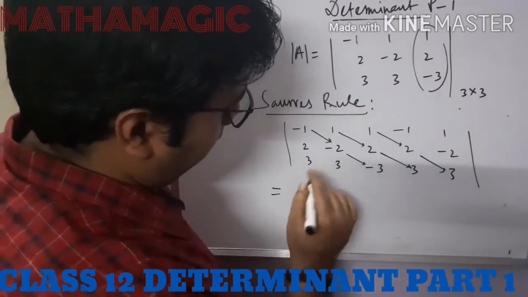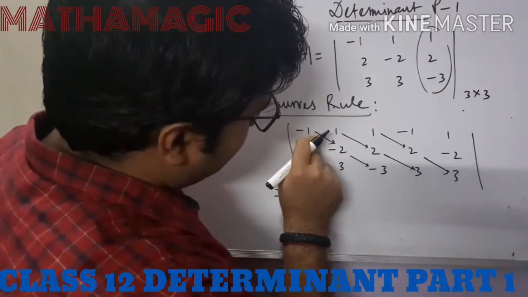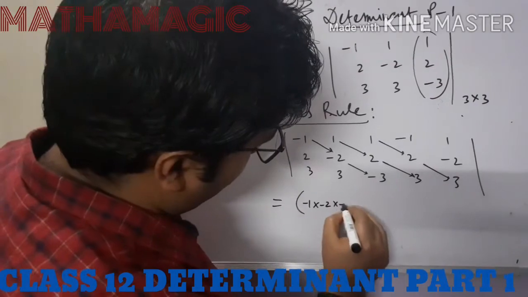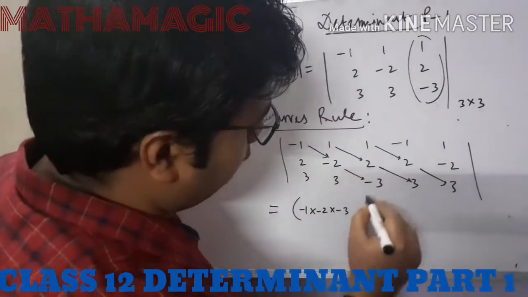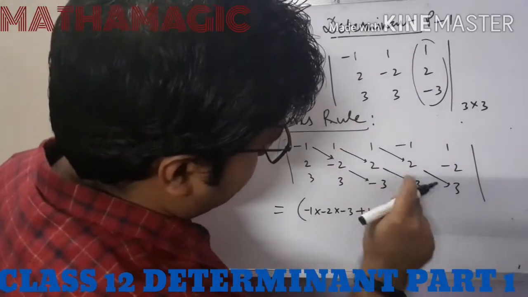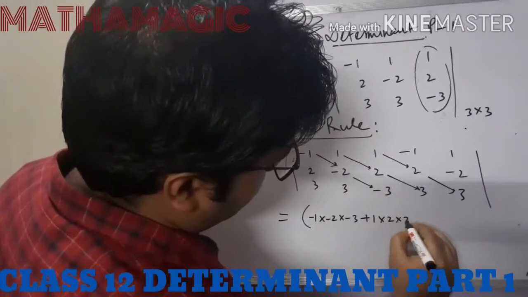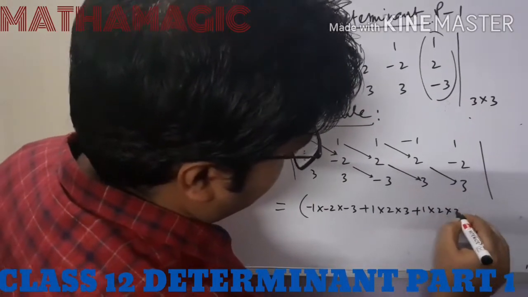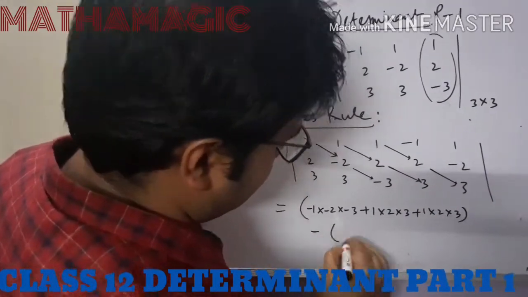What is the value? We need to multiply these three things. Minus 1 into minus 2 into minus 3. Now we'll do plus 1 into 2 into 3, plus 1 into 2 into 3. Now minus.